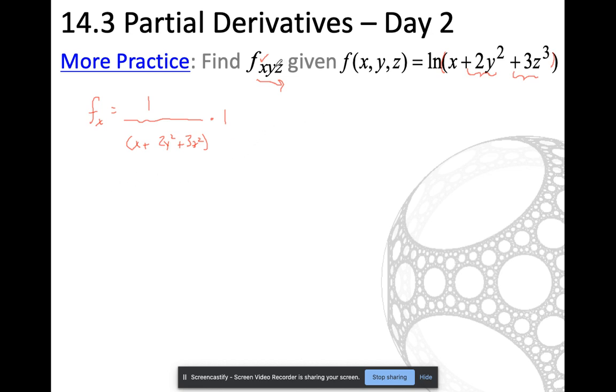So now, what is the derivative of that with respect to y? So the derivative of what I just did with respect to y is this stuff, right? That's really x plus 2y squared plus 3z squared to the negative 1.